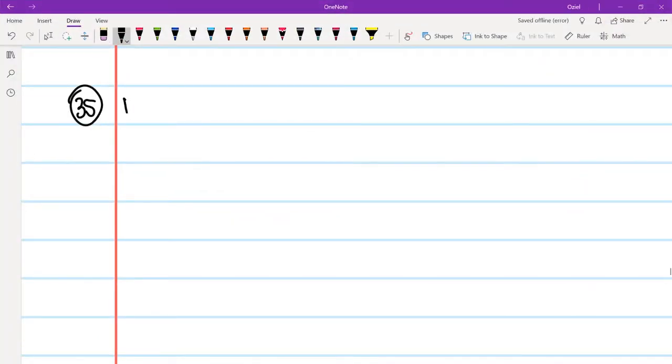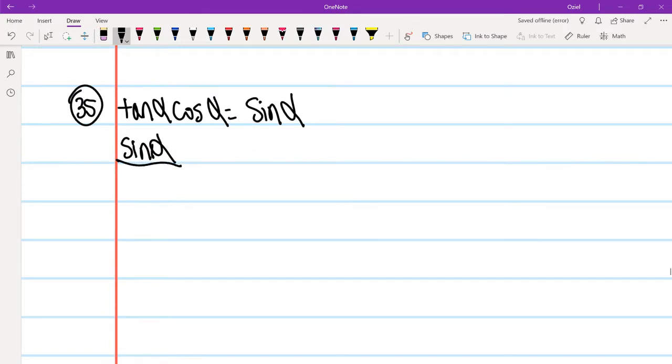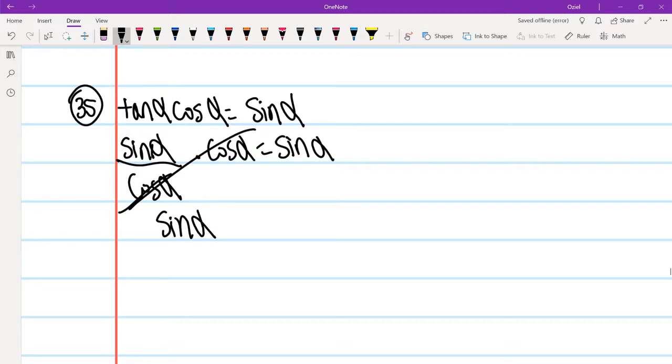So we would say sine of alpha over the cosine of alpha times the cosine of alpha equals sine of alpha. And you would finally say sine of alpha equals sine of alpha. And you verified it.